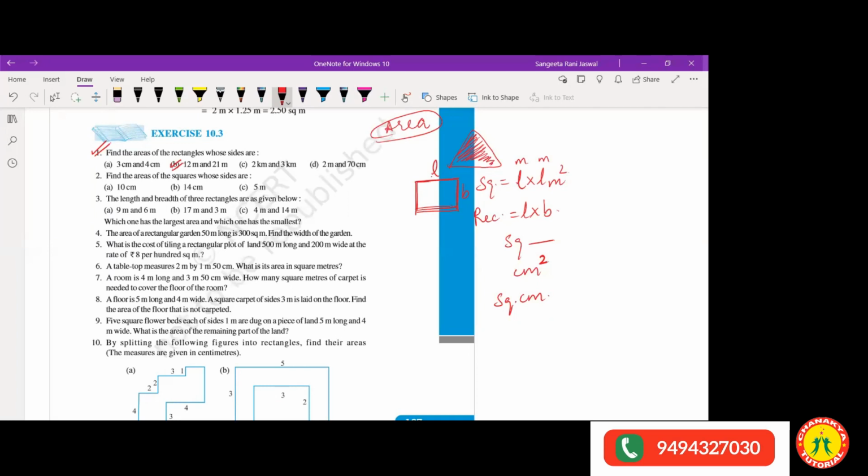Yes, that's 252 meters. This is 252 meters square. Meter into meter will become meter square.